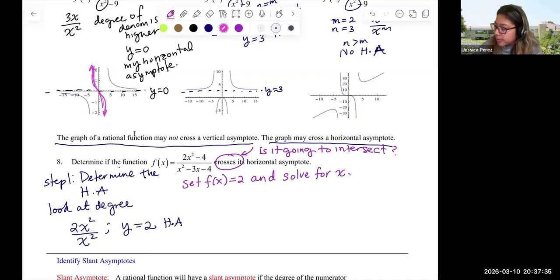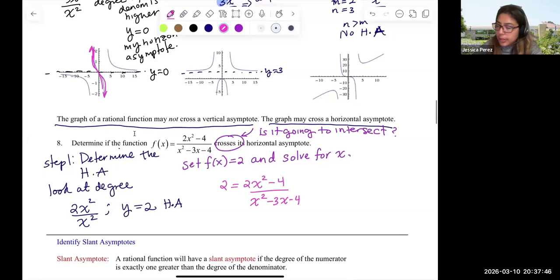So let's begin. We have 2 is equal to 2x squared minus 4 over x squared minus 3x minus 4. Now what we have to do is multiply both sides by the denominator so we can clear it out. 2 times x squared minus 3x minus 4 is equal to 2x squared minus 4.